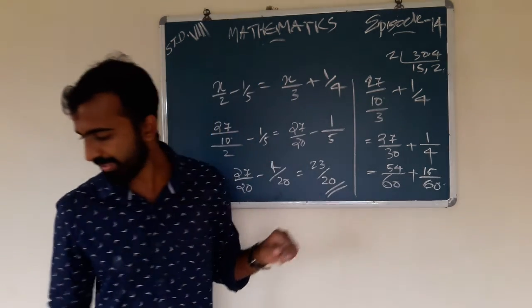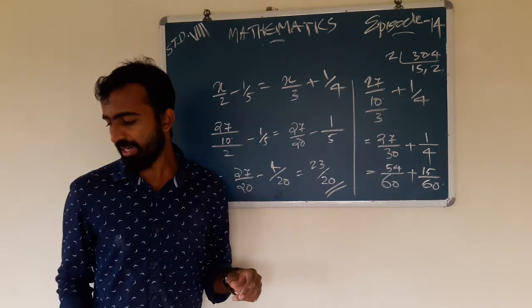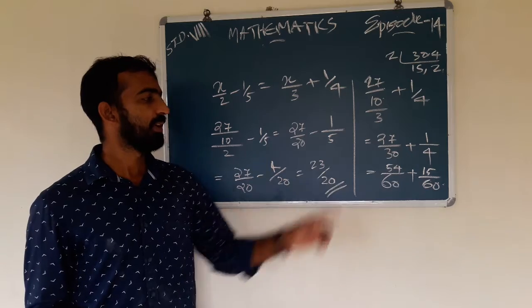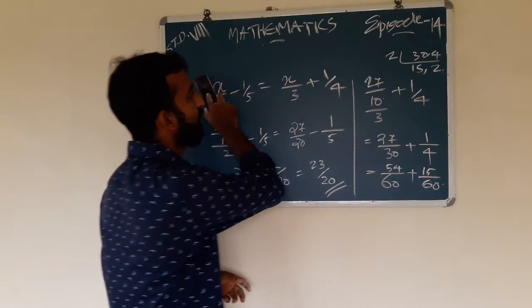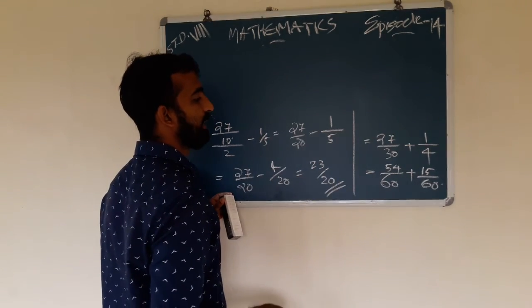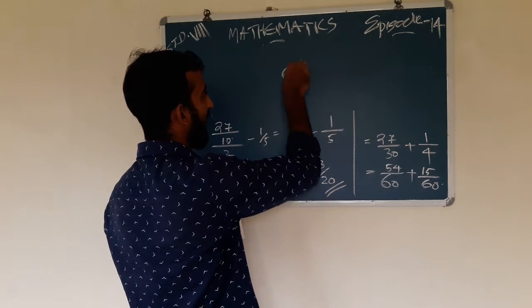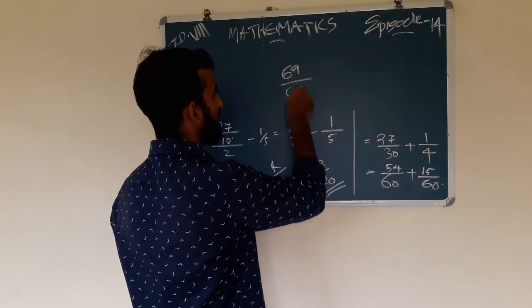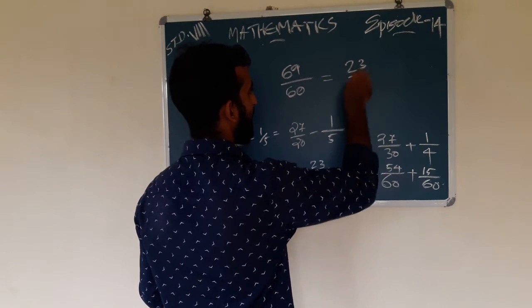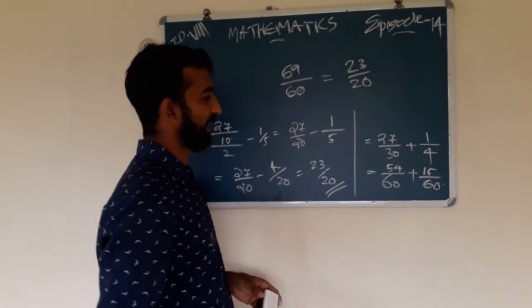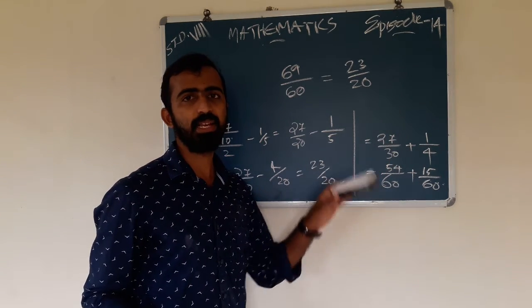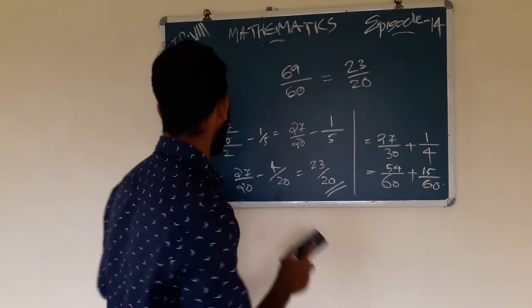Then we get 54 plus 15, that is 69 by 60. When we simplify, we can write 23 by 20. That is, LHS and RHS are the same.